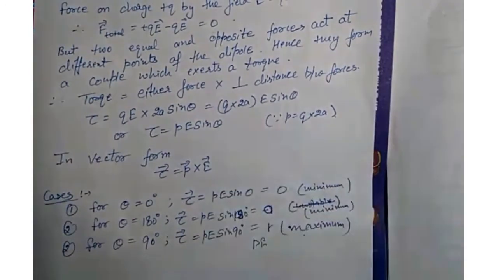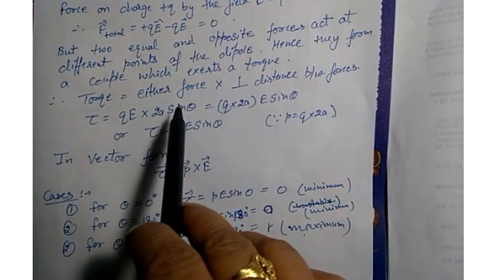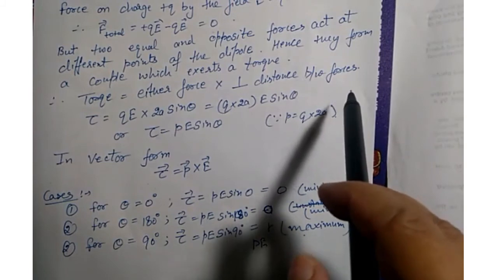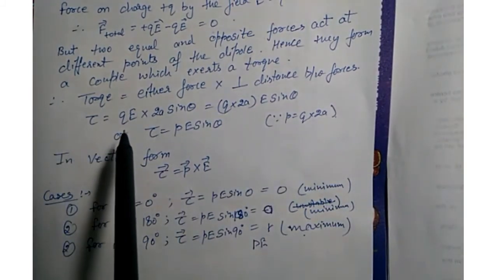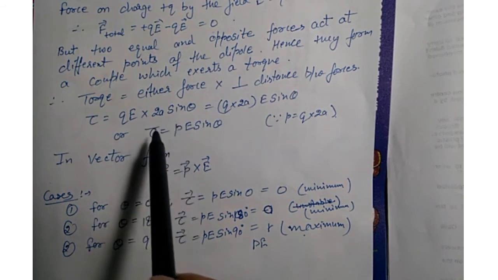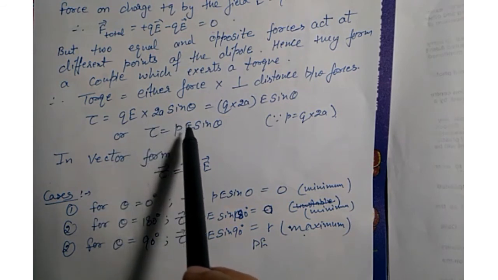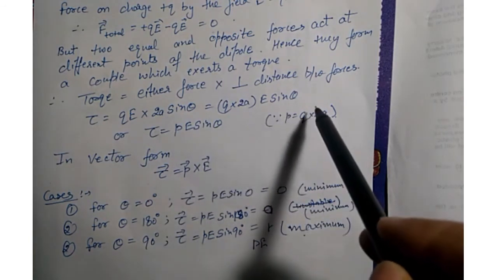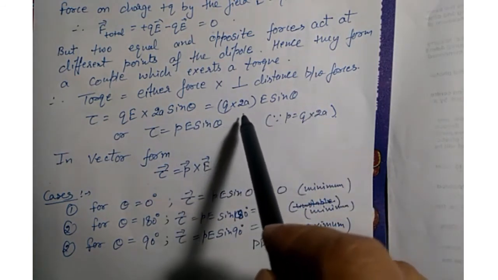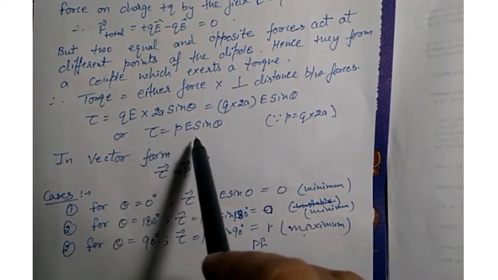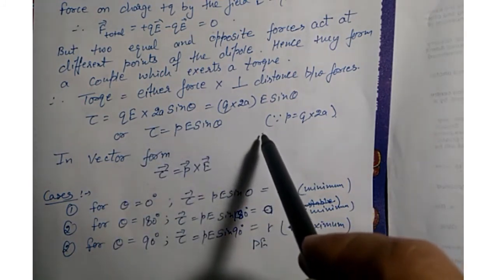Therefore, the torque is the force magnitude into the perpendicular distance between the forces. So torque: force magnitude is QE, and the perpendicular distance is 2A sine theta, which gives Q into 2A E sine theta, where Q into 2A is the dipole moment. Therefore, torque is PE sine theta.